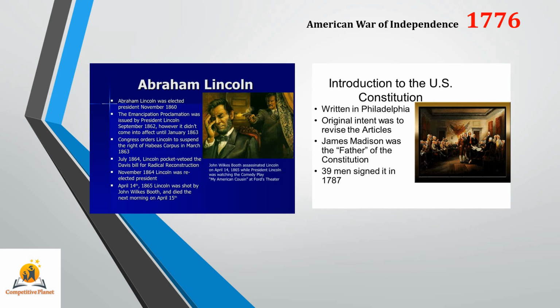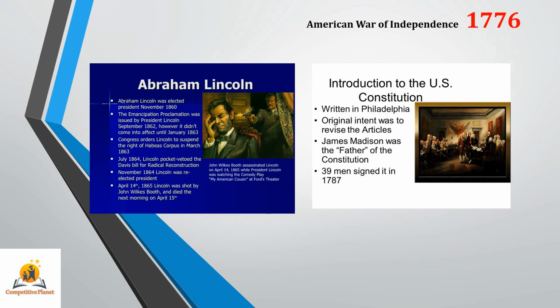The Emancipation Proclamation was issued by President Lincoln in September 1862. However, it didn't come into effect until January 1863.